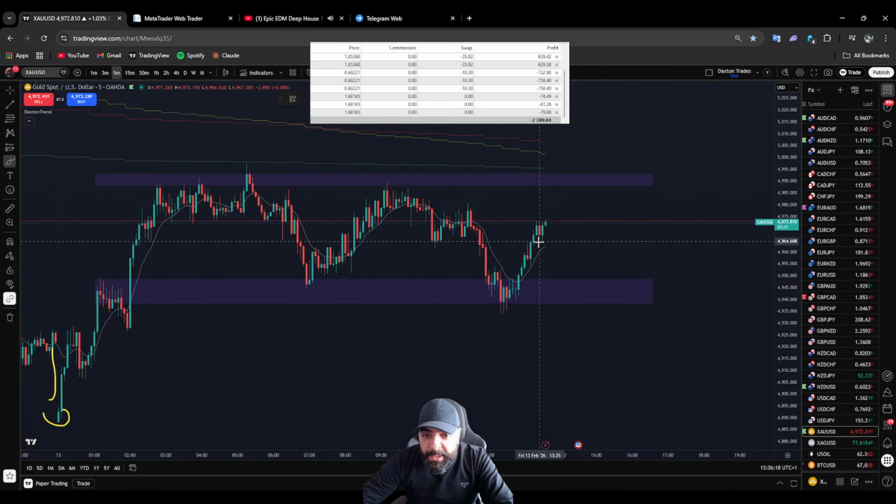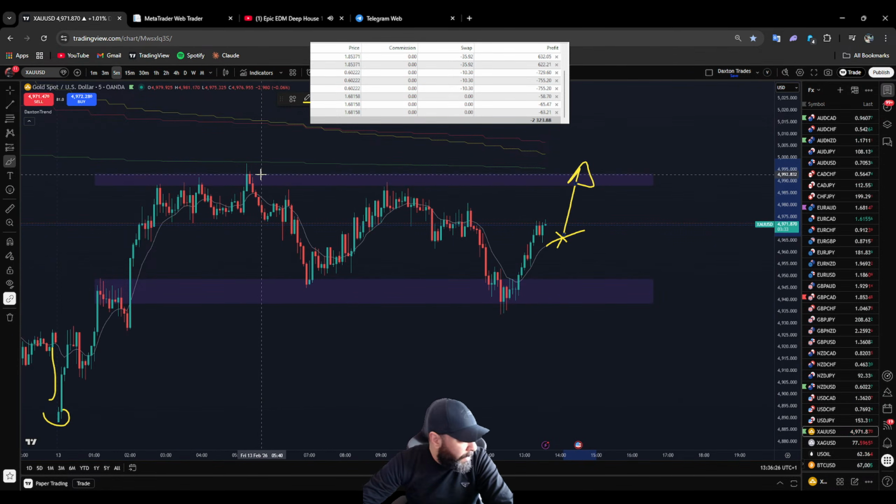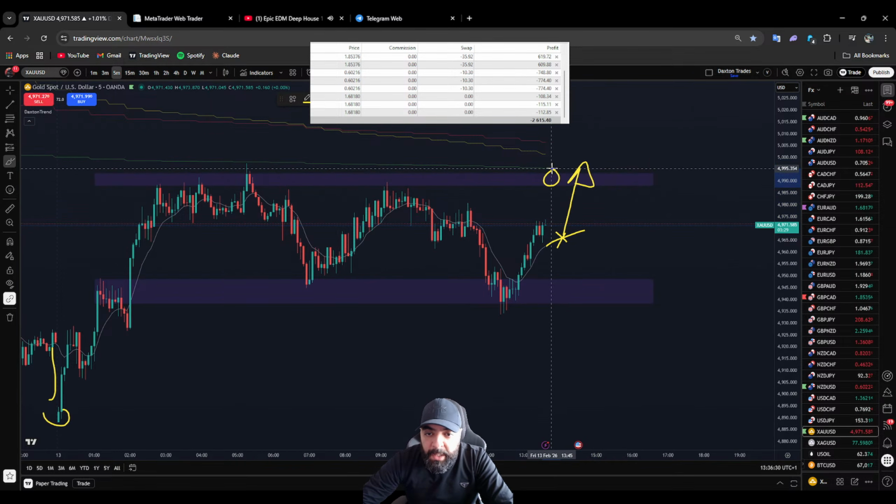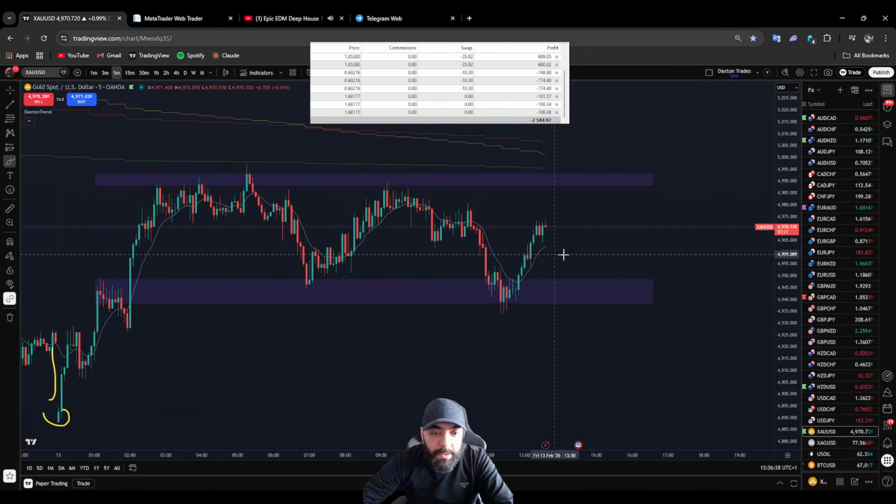If the price comes to the EMA here, I will enter here for a long position and keep an eye on the price. If it touches this level and rejects it, I will think about selling, of course, before the news, not in the news. So this is the plan for the day.